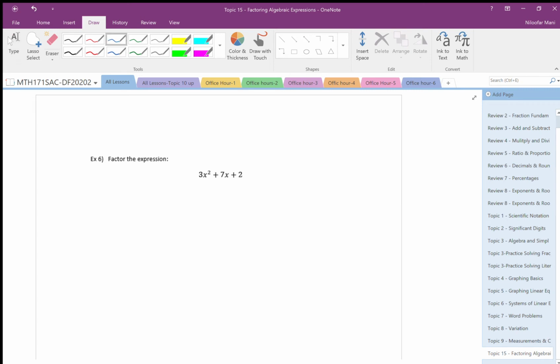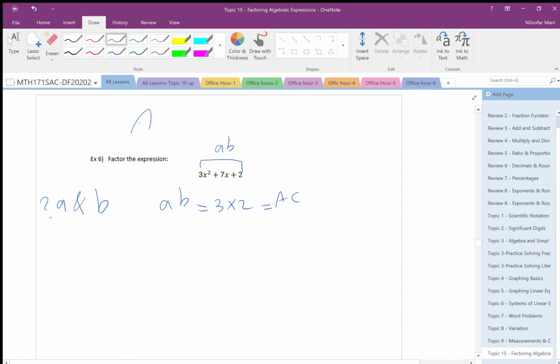So here, okay, I am looking for two numbers. If I multiply them, I am looking for a and b. If I multiply them, it is 3 multiplied by 2, which is ac.